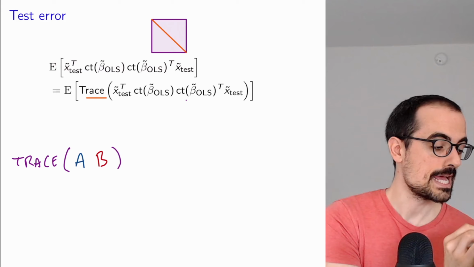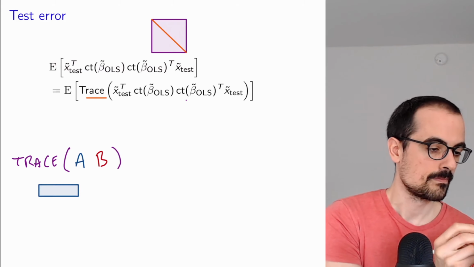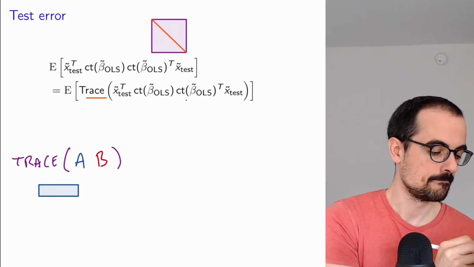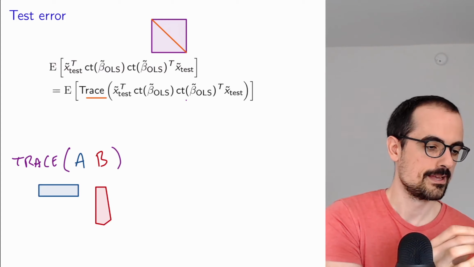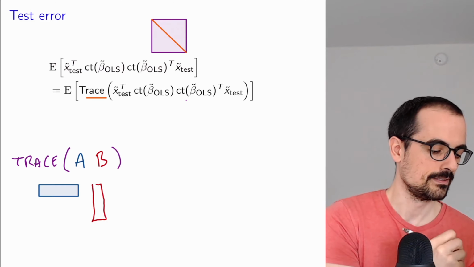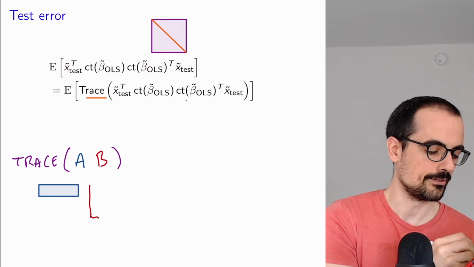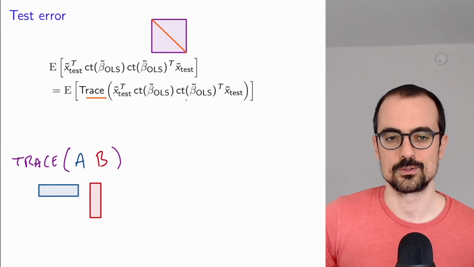Let me draw A and B. Again, as you can see, I'm not the best at drawing stuff. I'm just going to give it another shot. Okay, that looks like a rectangle.